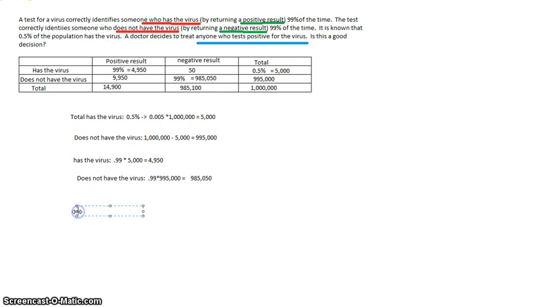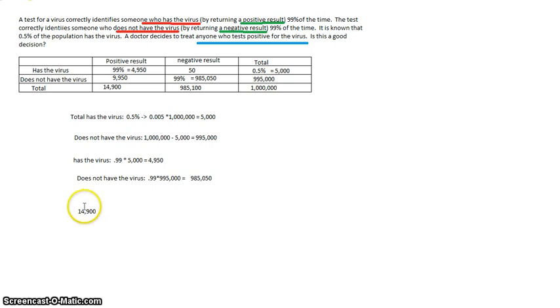So I'm going to go ahead and type that number down here. 14,900. The number of people that actually have the virus after they've been tested is 4,950.